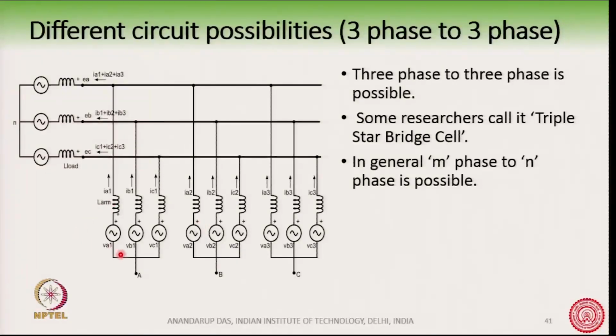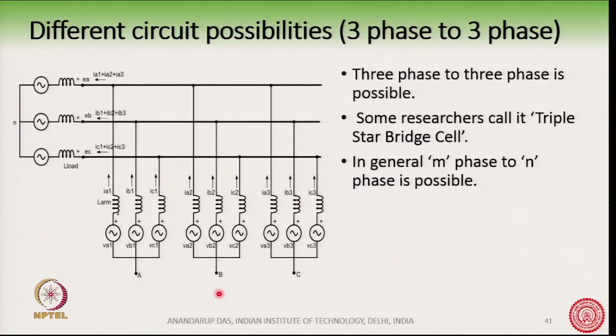So, we see that MMC gives us another possibility of using such three types, means 3 star cells, for conversion from a 3 phase AC to another 3 phase AC, with bidirectional power flow at different voltage and frequencies.